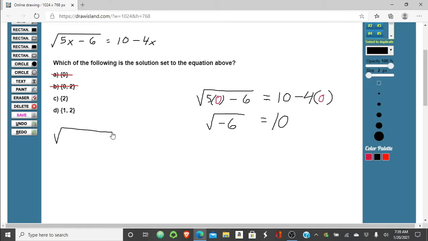So I'm going to do 5 times 1 minus 6. Does that equal 10 minus 4 times 1?